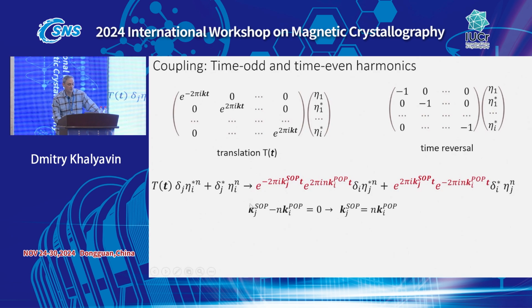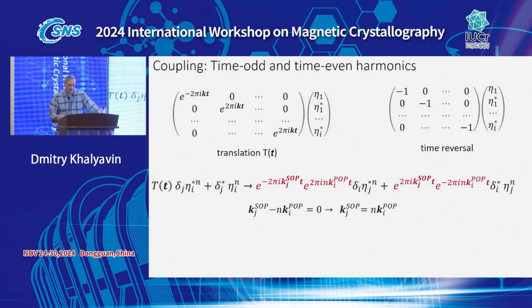So it simply means that the sum of the propagation vector of the secondary order parameter and n times the propagation vector of the primary order parameter, where n is the power of our invariant, equals 0. In the simplest case 0; more generally, it has to just be a reciprocal lattice translation. It's called the propagation vector conservation law.